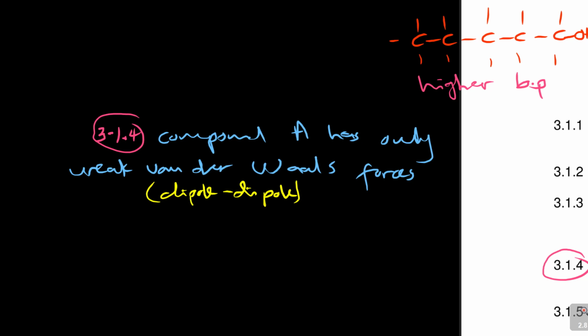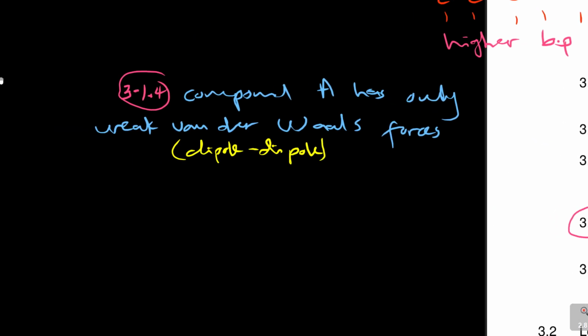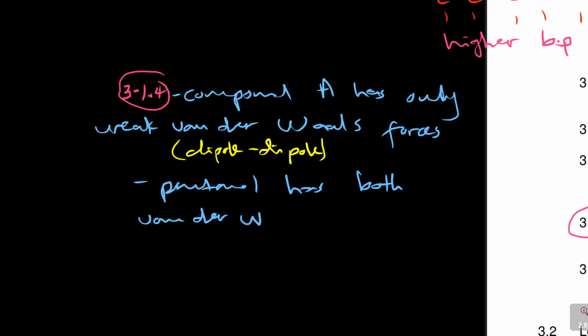And then what about compound B? I mean, not compound B. What do they call it? Pentanol. But then you tell us about pentanol. Number 1. Number 2, pentanol has both the Van der Waals forces. You can maintain them like that.